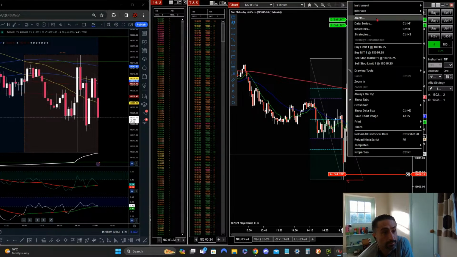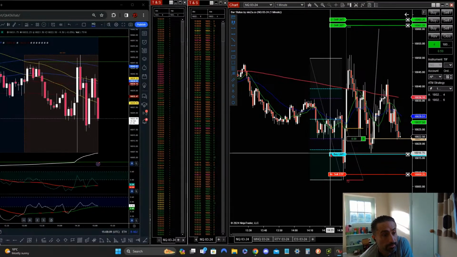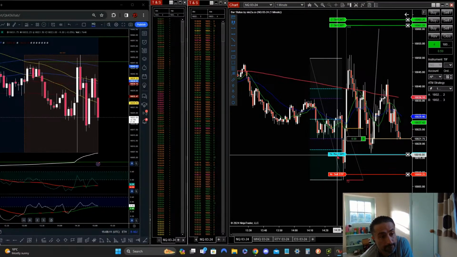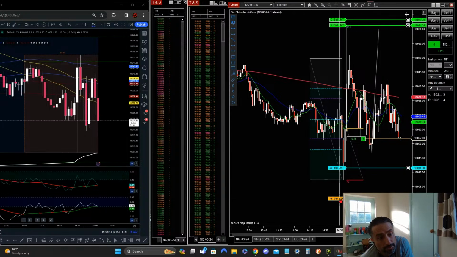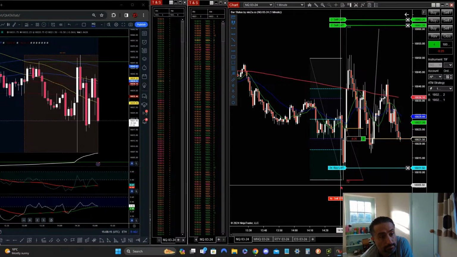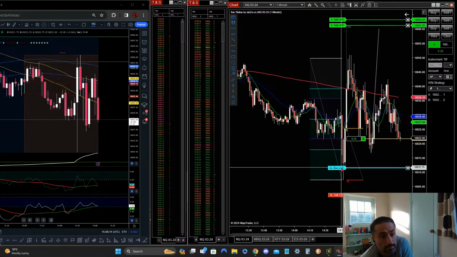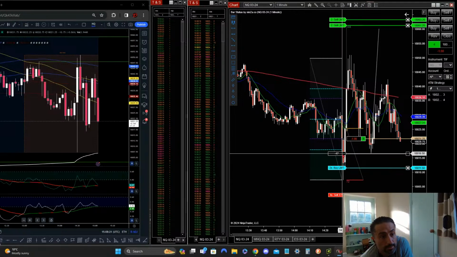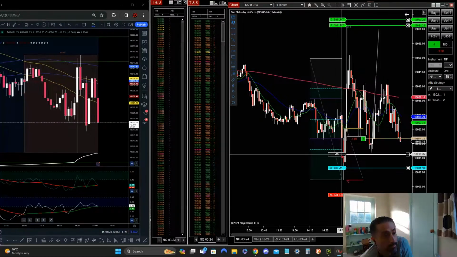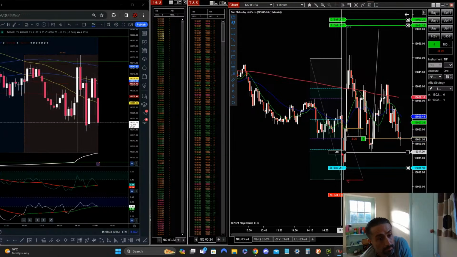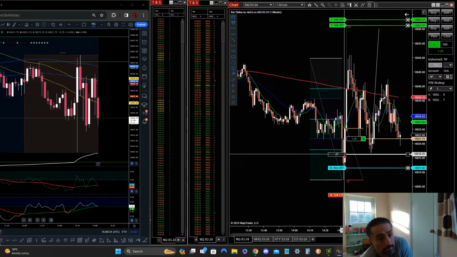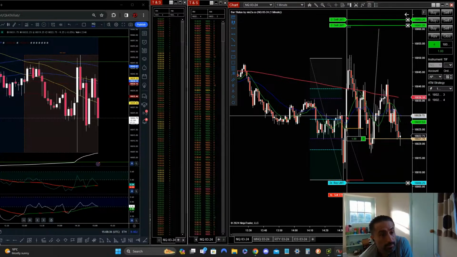Buy limit. I'm going to put another buy, two buys right here. Not sure where though. Sellers are coming in. I'm gonna hold this.